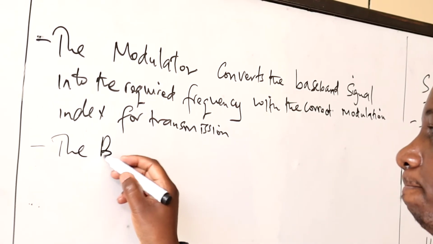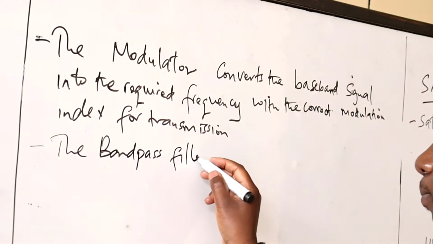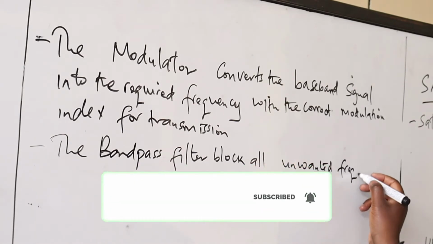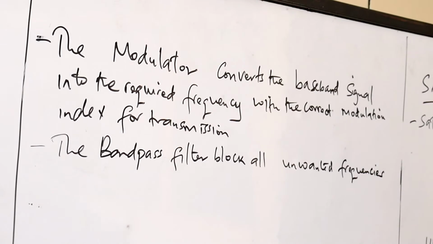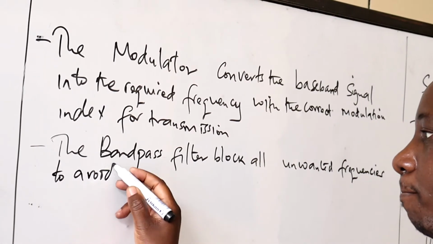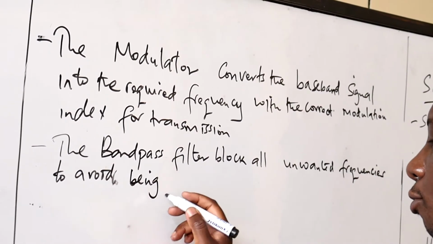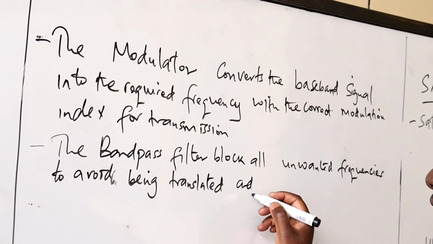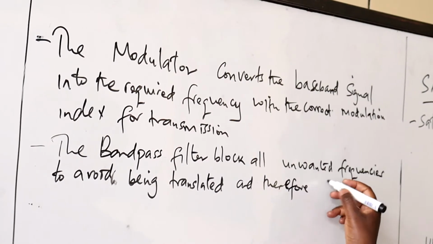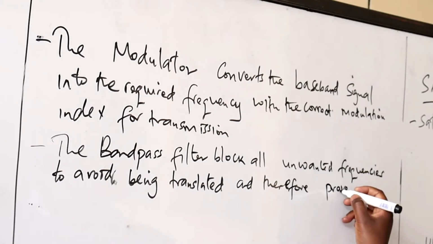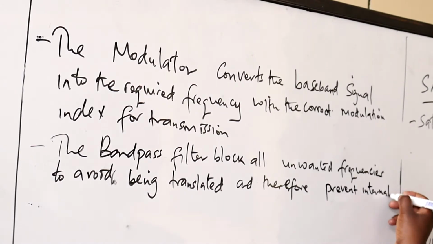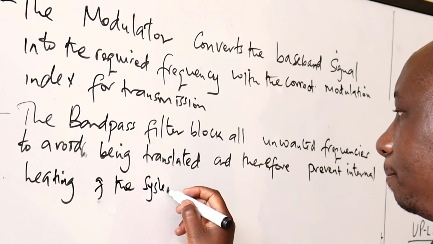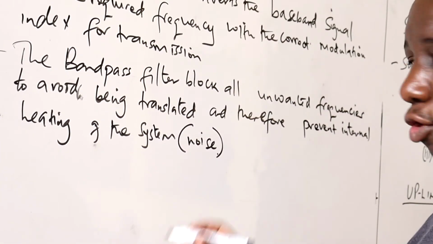The bandpass filter blocks all unwanted frequencies to avoid being translated, and therefore prevents internal heating of the system. Other forms are referred to as noise.